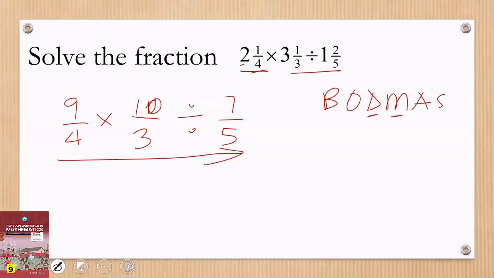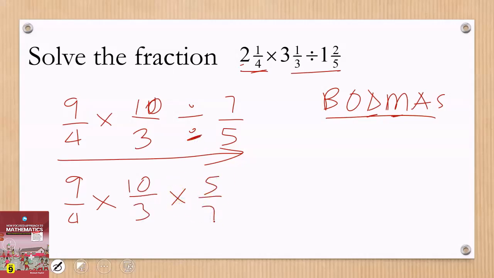But when we have the division first, then you have to do the division before multiplication. But when the division comes second, left to right can work. But let's go by BODMAS. So we have 9 over 4 times 10 over 3. Then we change this one to multiplication by having 5 over 7.